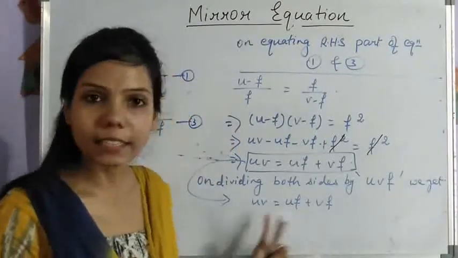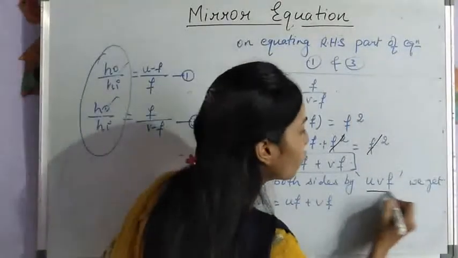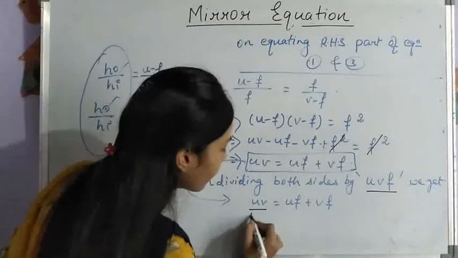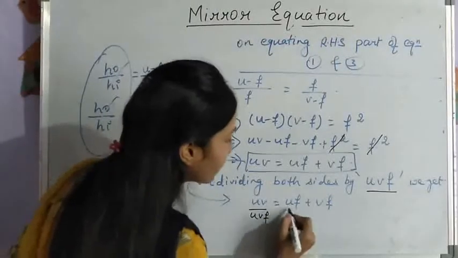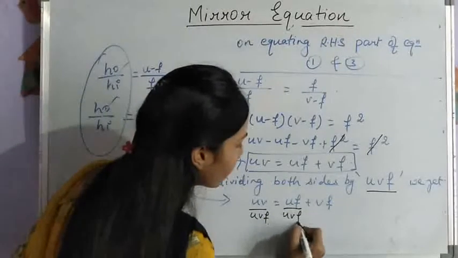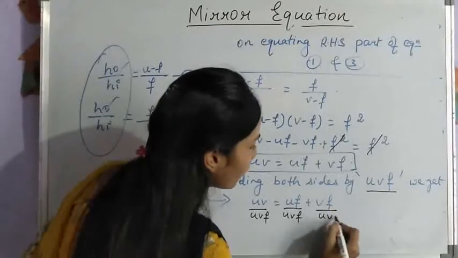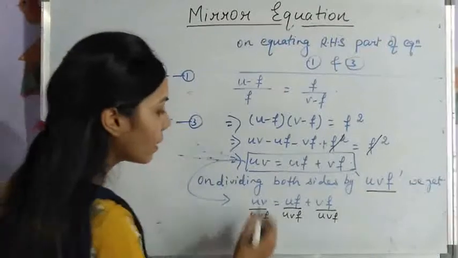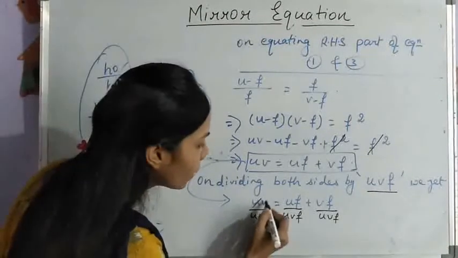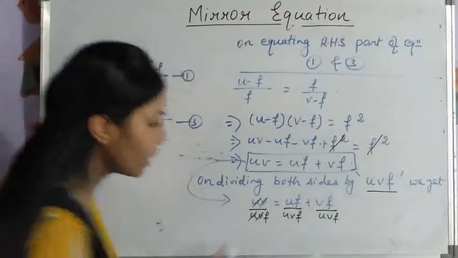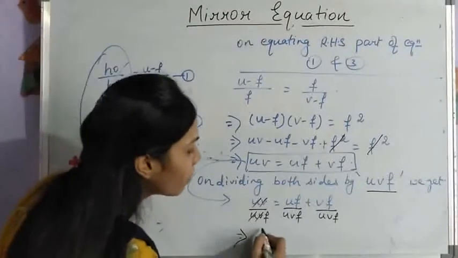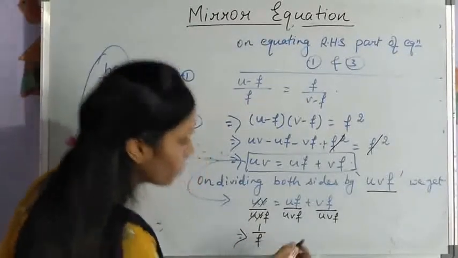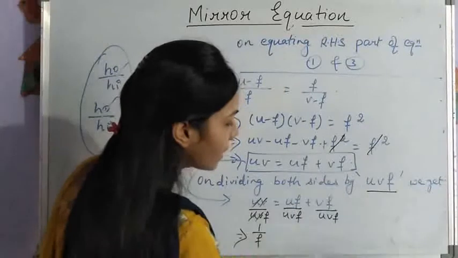Now we will divide both sides with UVF. Let us see which terms cancel each other. Here on dividing, UV cancels UV, and we will be left with 1 by F. Now let us look at the right hand side.